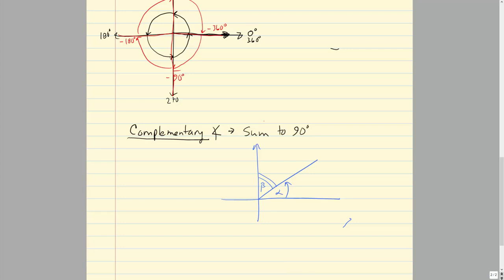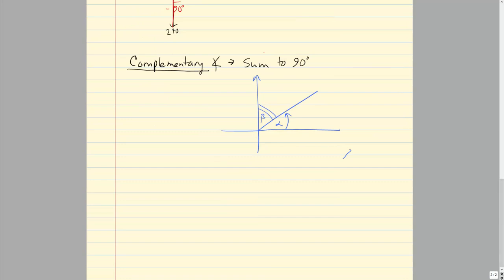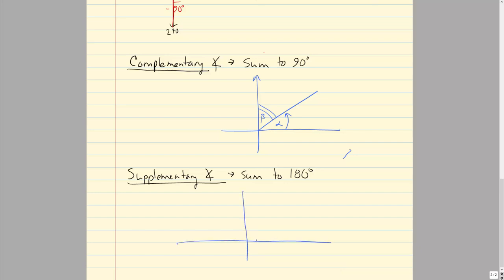Now supplementary angles are similar, but they sum to 180 degrees. So 180 degrees is a flat line. So if we were to be able to look at the Cartesian coordinate system again, we can see here that this is our 180 degree.